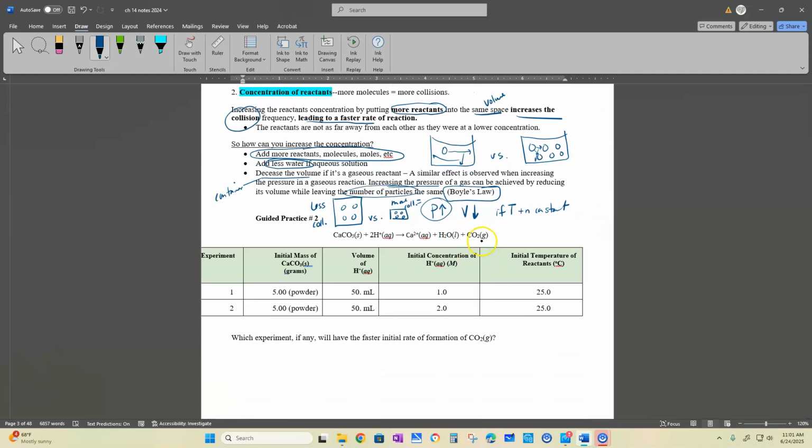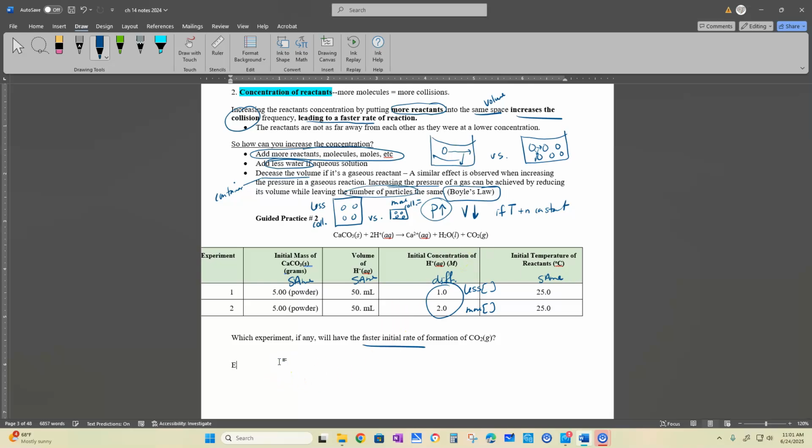So look at the two scenarios. Now we have both powder, so that's the same. Volume of the acid is the same. But now, the determining factor is less concentration, more concentration. The temperature was still the same. So who will have a faster initial rate? Probably experiment 2.